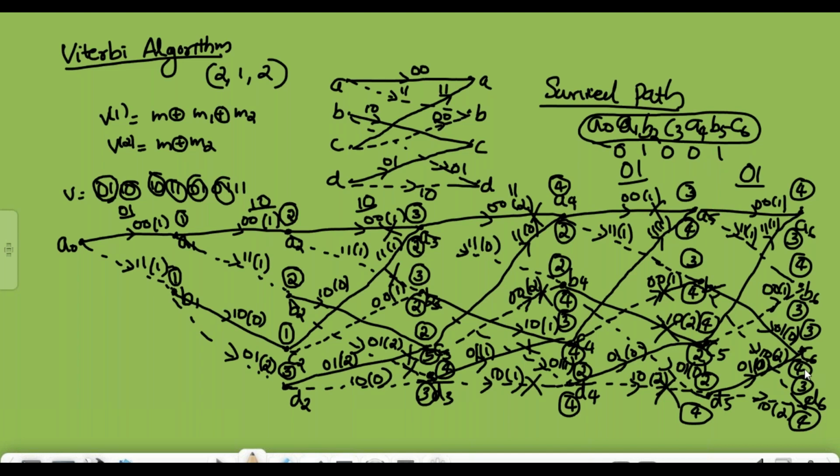Then B5 to C6. It is a solid line. Then 0 is the input message bit. In that way, we can decode the code. Okay. Hope that you have understood this particular convolutional code decoding using the Viterbi algorithm.